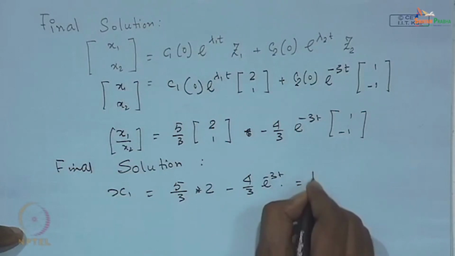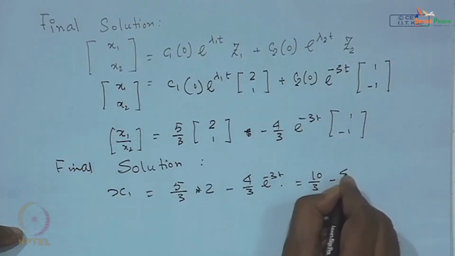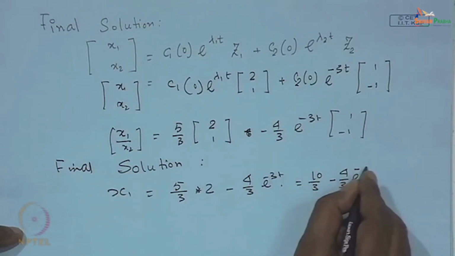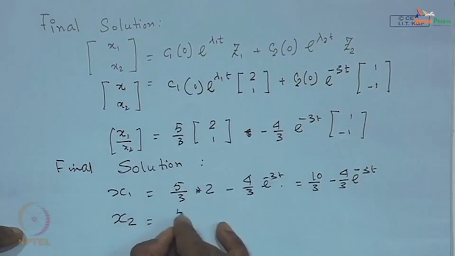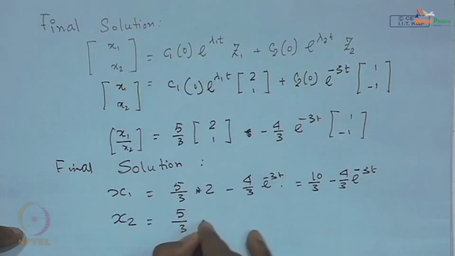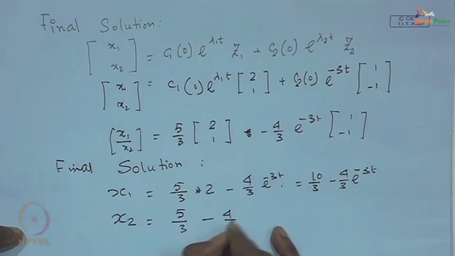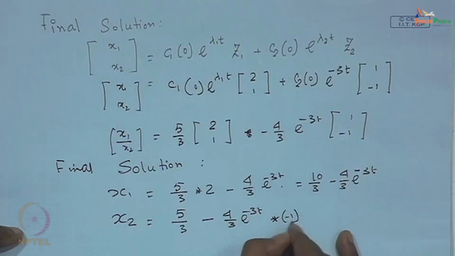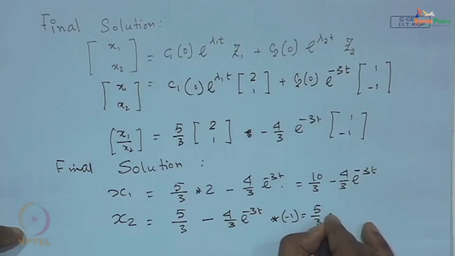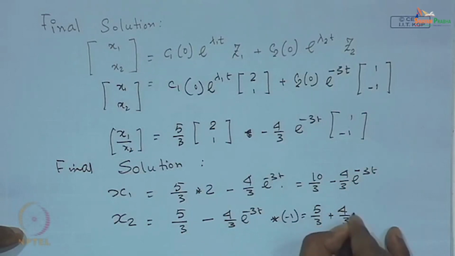So, this becomes 10 by 3 minus 4 by 3 e to the power minus 3 t, and x 2 becomes 5 by 3 into 1 minus 4 by 3 e to the power minus 3 t multiplied by minus 1. So, it will be 5 by 3 plus 4 by 3 e to the power minus 3 t.